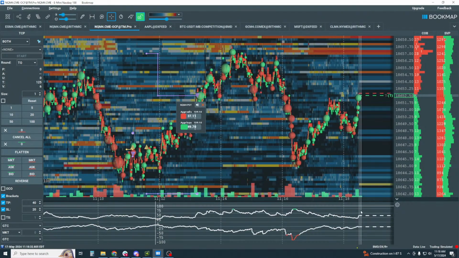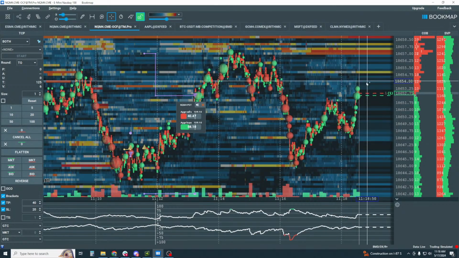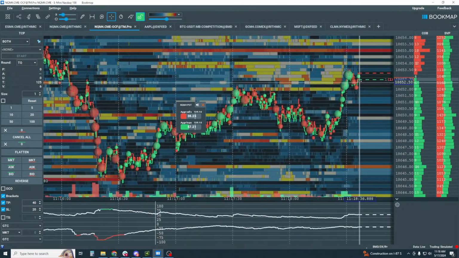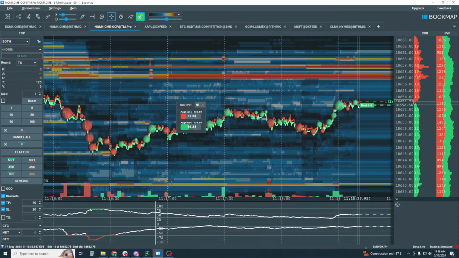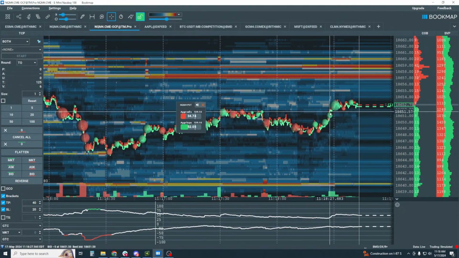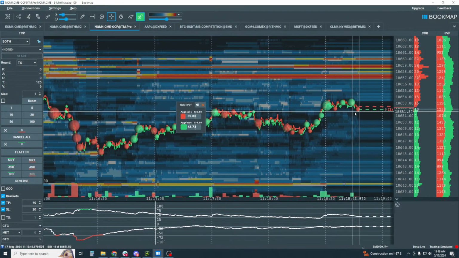Okay, now we're probably going to get another one here on the buy side. All right, let's see if we get a continuation pattern out of that. Buyers, a little bit of a pullback.